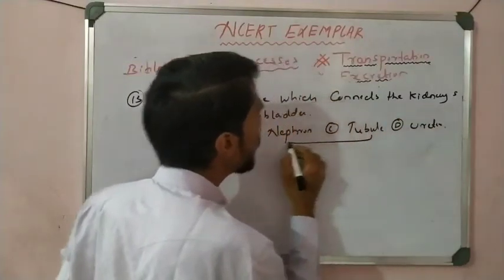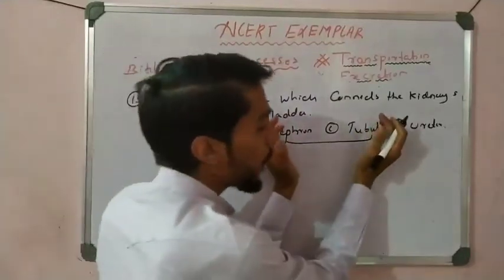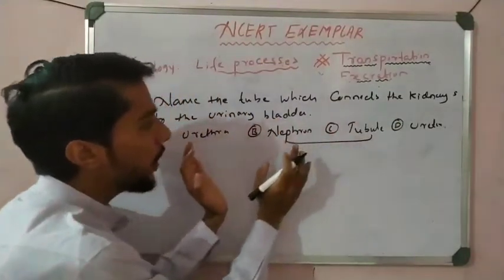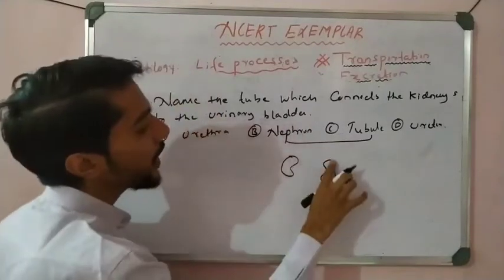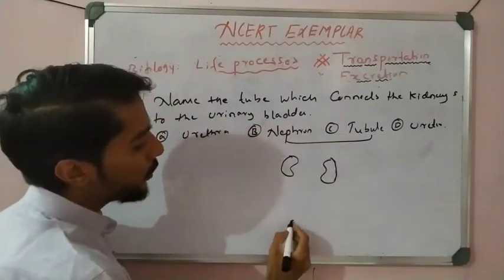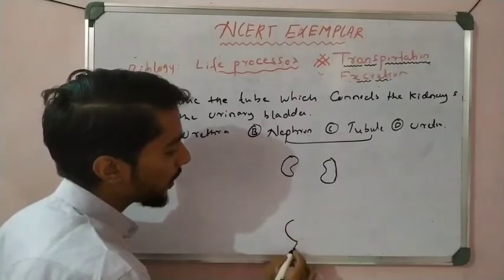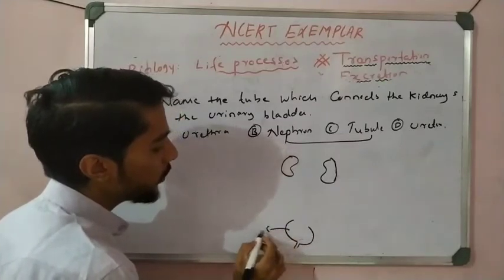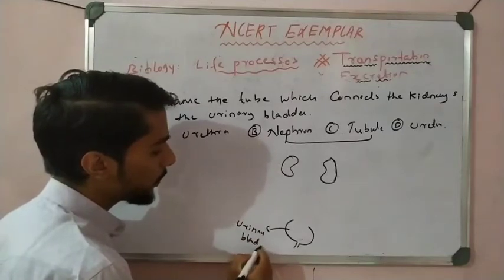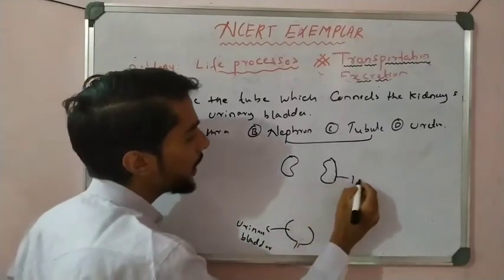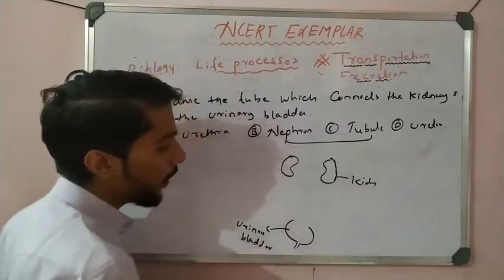Tubule and nephron are both individual parts, so that is not possible. But see, this is the kidney, and this is the urinary bladder here. This is the opening, urethra, this is the urinary bladder, and these are the kidneys.